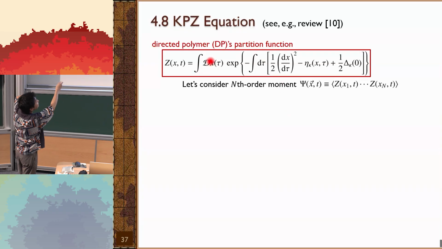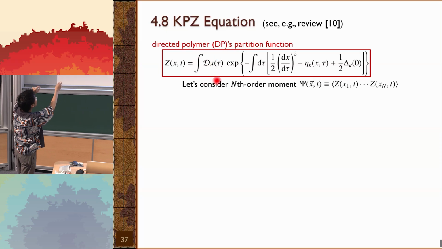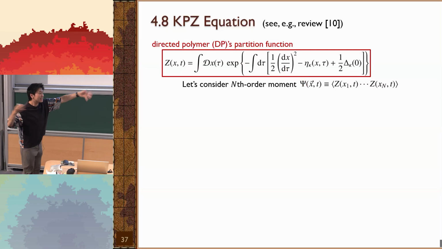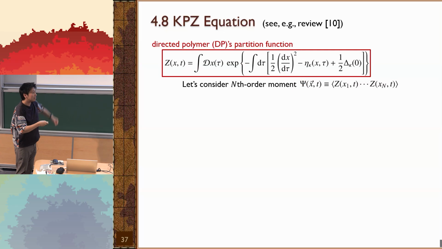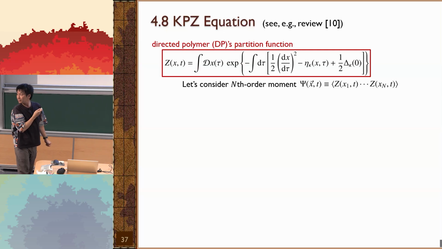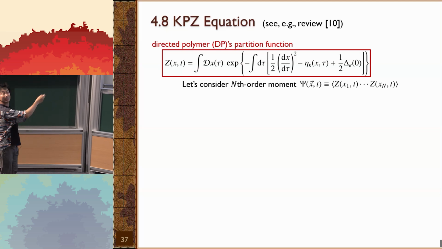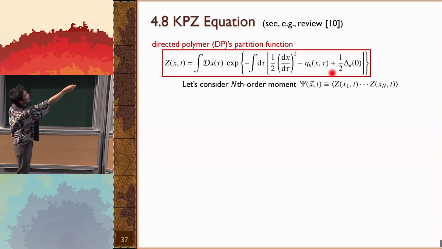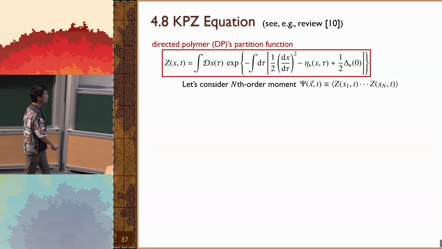So we consider a path x of tau, and for a given path x of tau, you evaluate this exponential. But of course there are many choices of the path x of tau. I think he's saying that the x there is not the x on the left hand side of Z. Oh yeah, sorry, indeed that's confusing. Yes, so these x are x of tau and not this x.